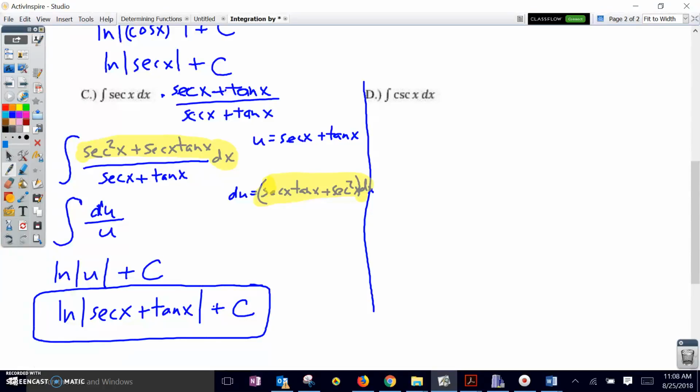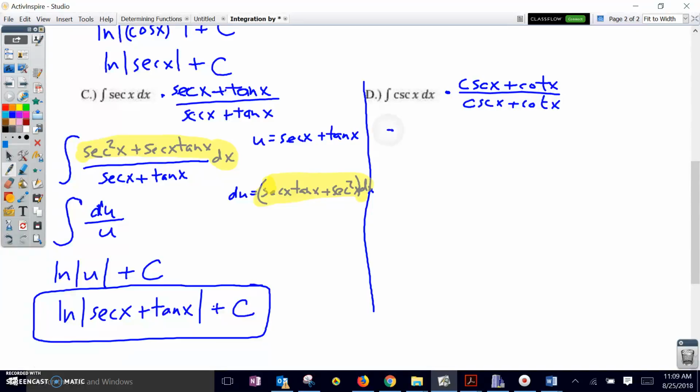Cosecant of x I'm going to handle in a nearly identical fashion, only instead of multiplying by secant of x plus tangent of x over secant of x plus tangent of x, I'm going to do cosecant of x plus cotangent of x over cosecant of x plus cotangent of x.